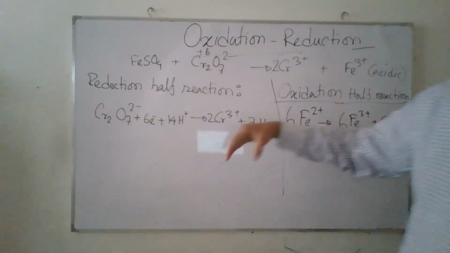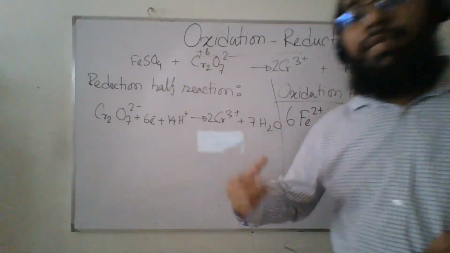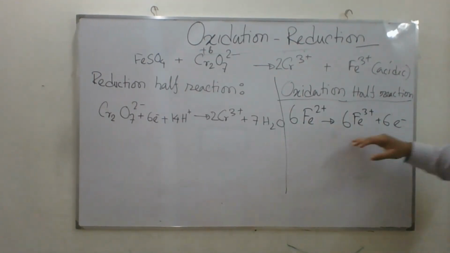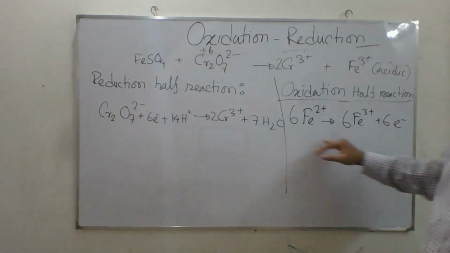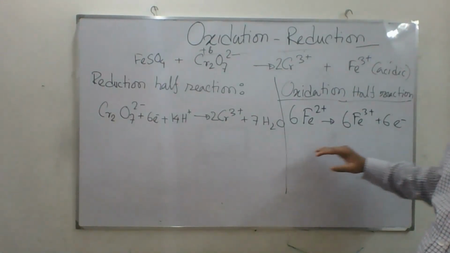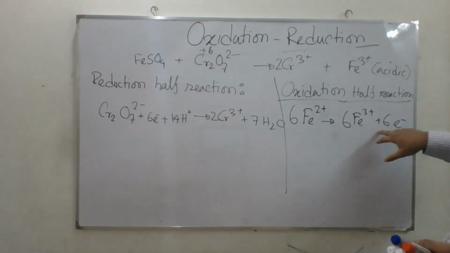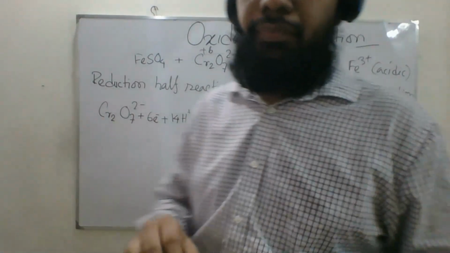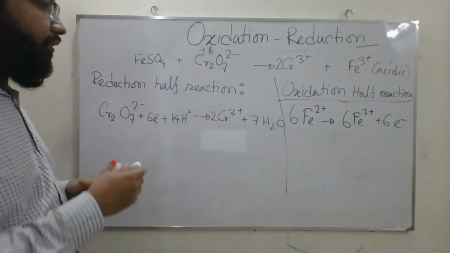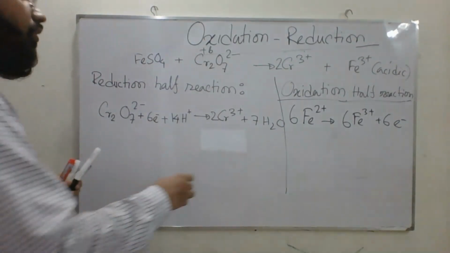So now we will see how we can balance this equation. If we consider that the oxidation half reaction should supply the reduction half reaction, the number of electrons should be the same. As a result, we multiply this one by 6. Now consider if we add these two equations, what will happen?